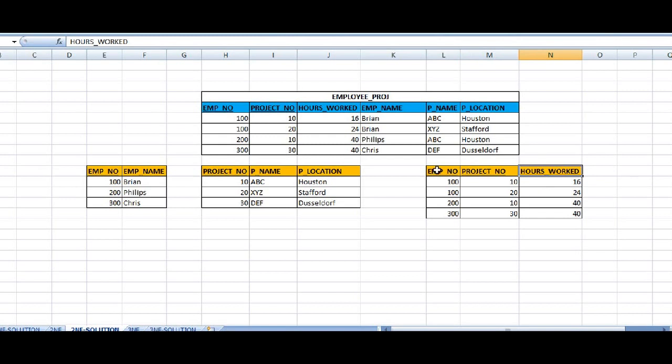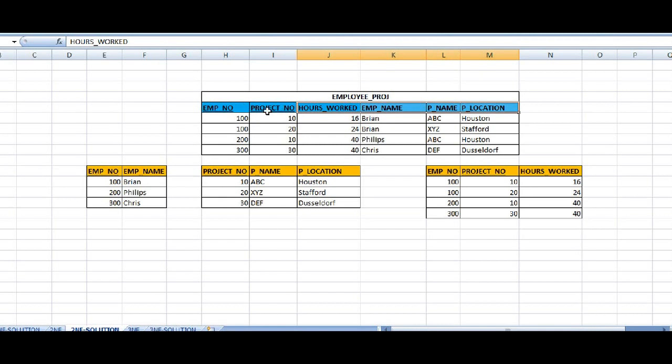Now it is up to you how you will come to the solution of making a table 2NF compliant. What I have seen, the easiest way is to go one by one through all the non-primary attributes and see their dependency on the primary key.